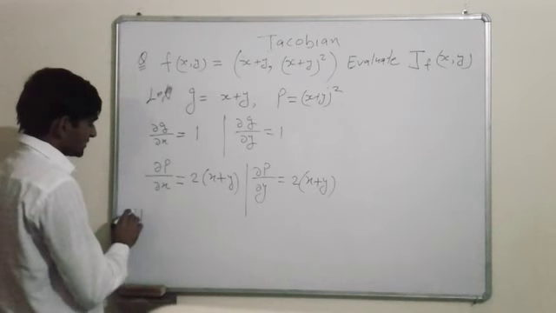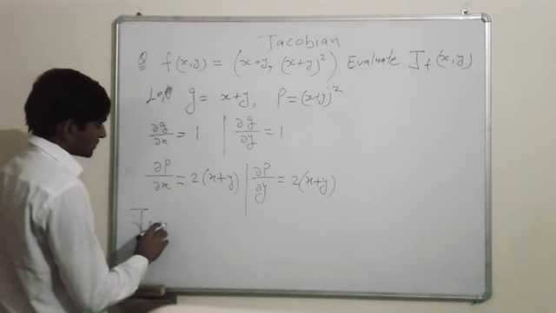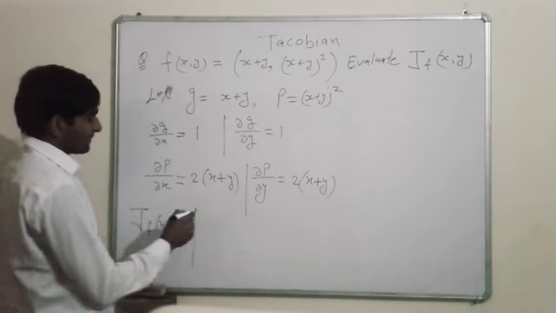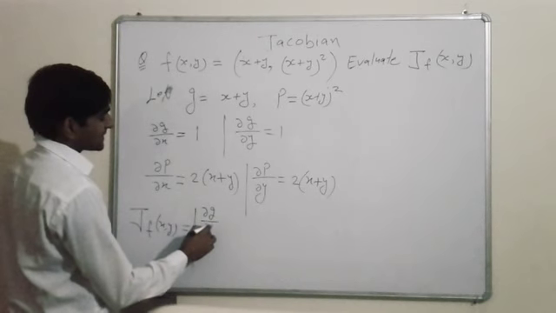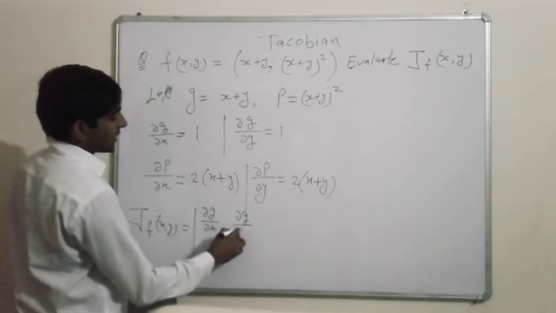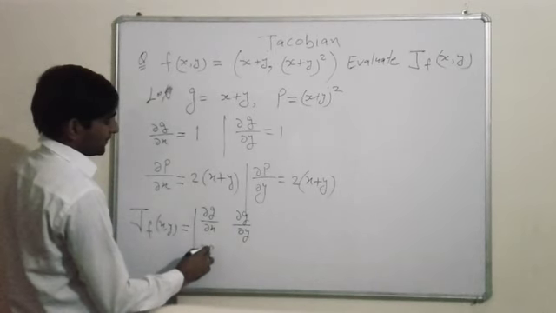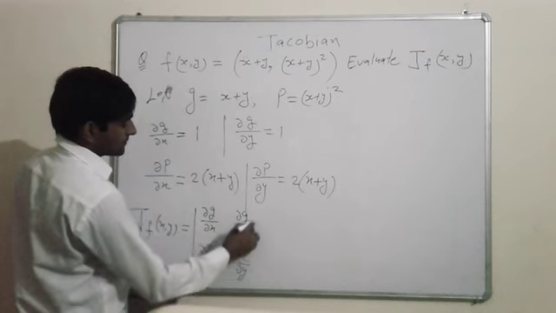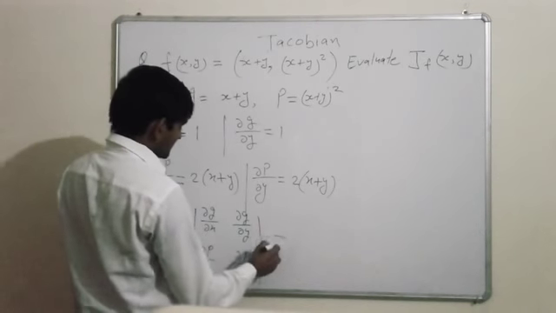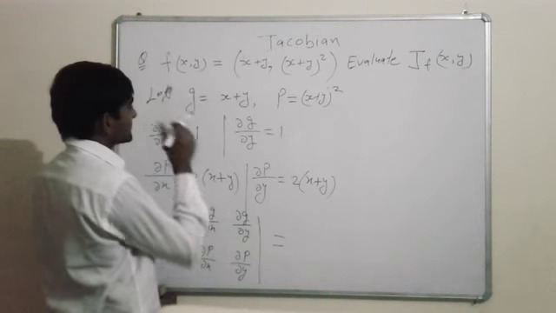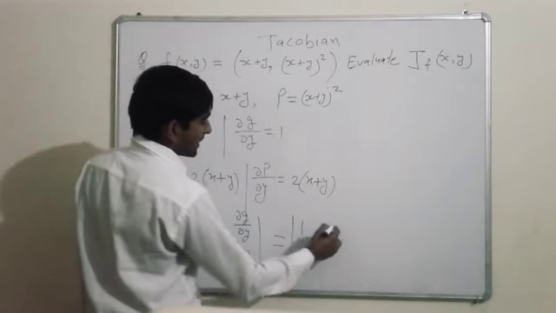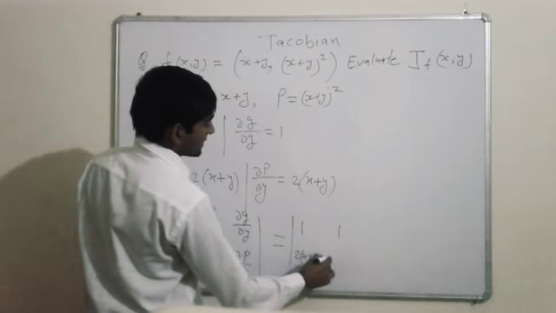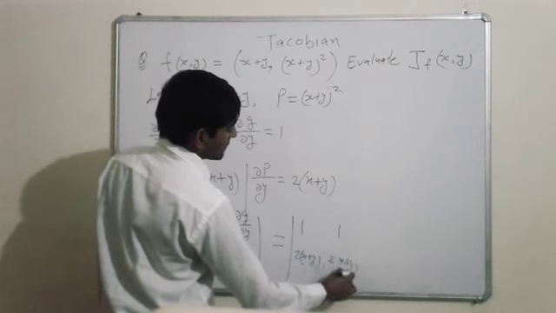Now the Jacobian J of f x y will be del g over del x, del g over del y, del p over del x, and del p over del y. Del g over del x we got is 1, then 1, and this is 2 into x plus y, and this is 2 into x plus y.